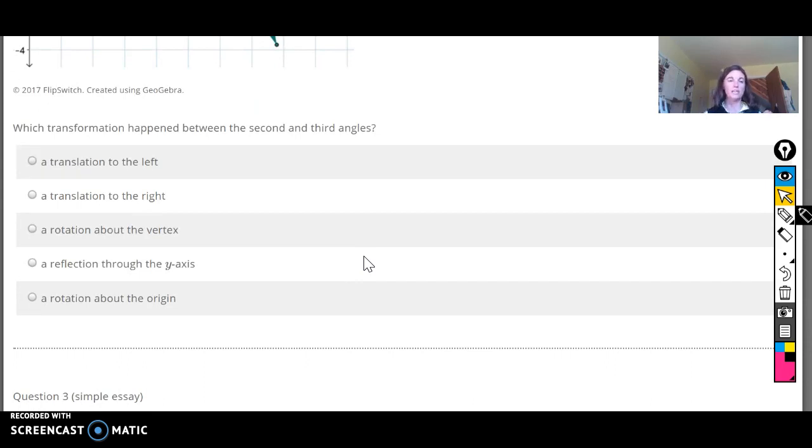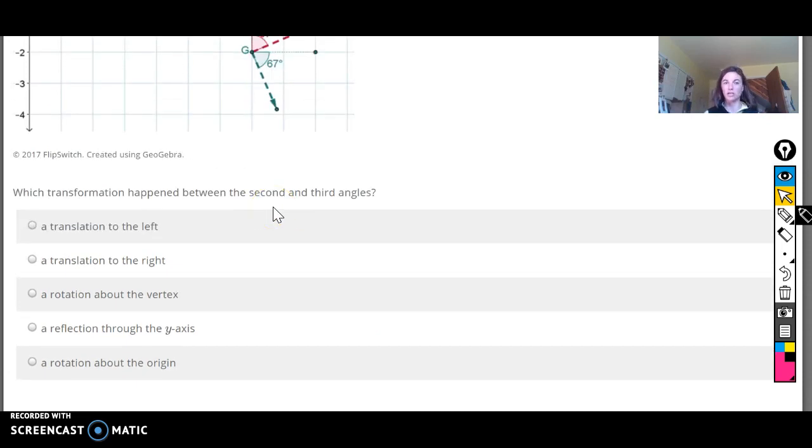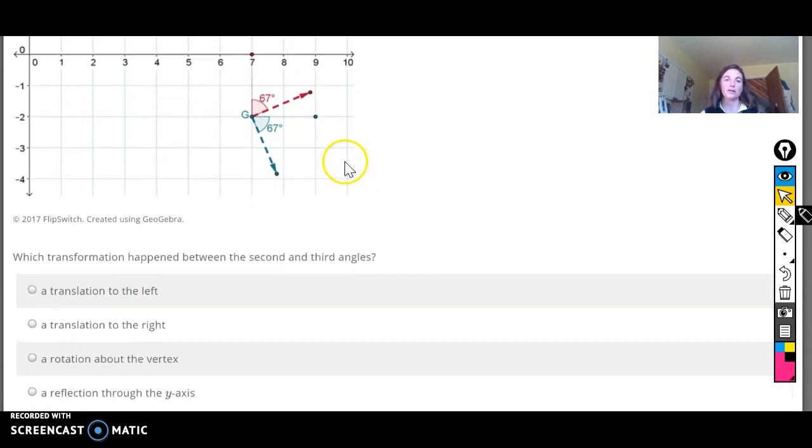we're rotating about the vertex. It's not a translation. The vertex itself didn't move. It's not a reflection because it didn't flip over. A rotation about the origin would be about point (0, 0).